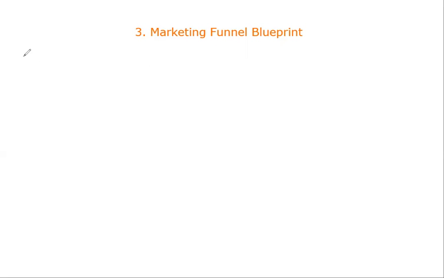A typical funnel would look like this: let's say this is an ad, and once they click on the ad, they go to a capture page. There are all kinds of different ways we can do this. It can be a webinar page, or a page to get a free book, but if the client doesn't have a book, it's going to be something else. We decide this based on what the client has.